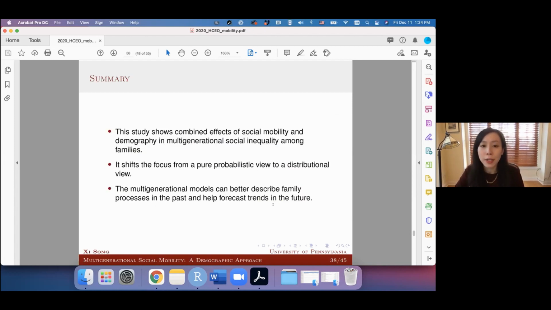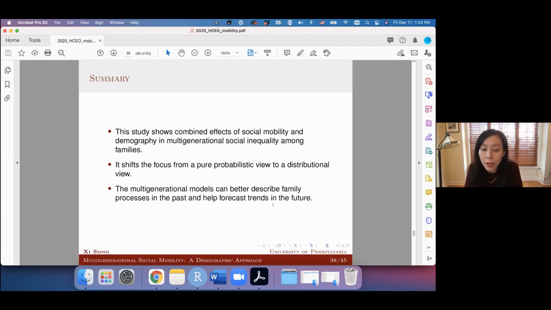Let me quickly summarize. The first is that I tried to show you some simple models for today that jointly consider social mobility and demography to understand multi-generational social mobility processes. I changed from a purely probabilistic view to a distributional view by considering the number of children and descendants in different social classes, not just probabilities or proportions.